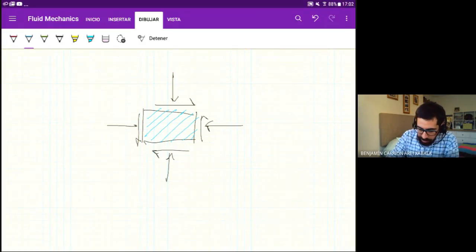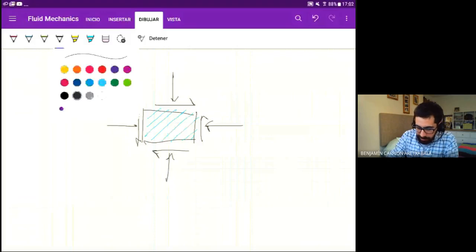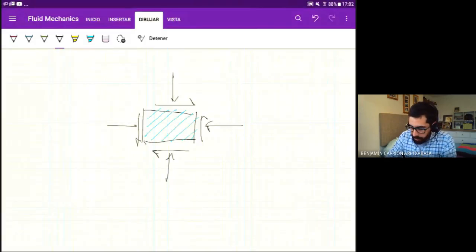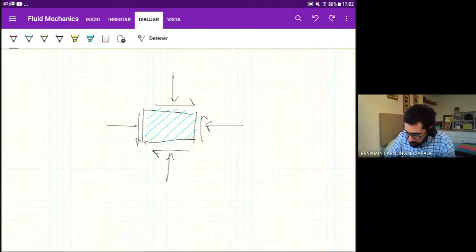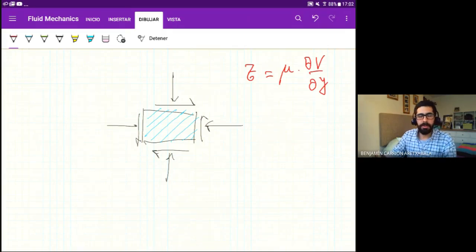The important part here is that we're talking about fluid at rest, and for fluid at rest, we know from the previous class that the shear stresses, well, I want to draw this in red, shear stresses tau are going to be proportional to the derivative of the deformation, to the gradient of the deformation.